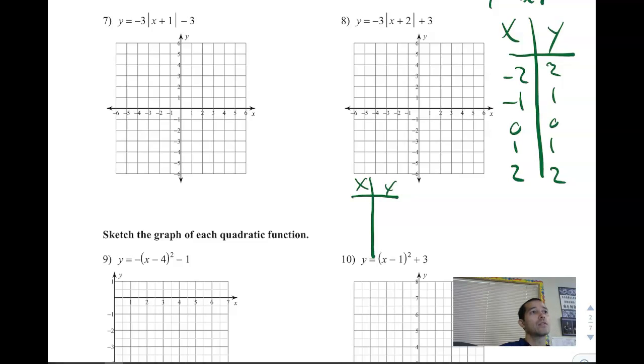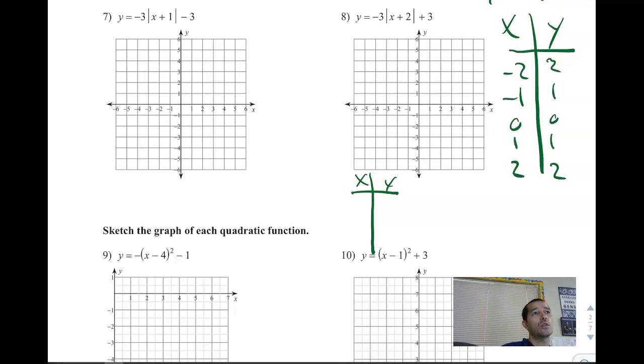Okay. So left 2, all the x's get subtracted by 2. So I'm going to have negative 4, negative 3, negative 2, negative 1, and 0. That's subtracting 2 from all the x's. And then I'm going to multiply all the y's by negative 3.